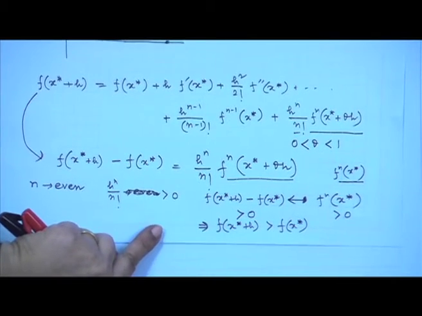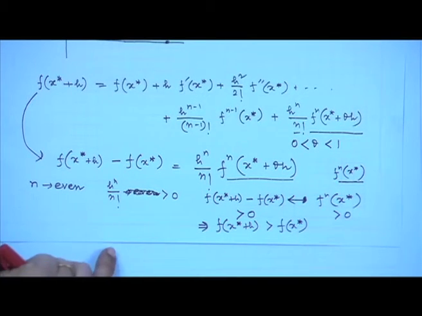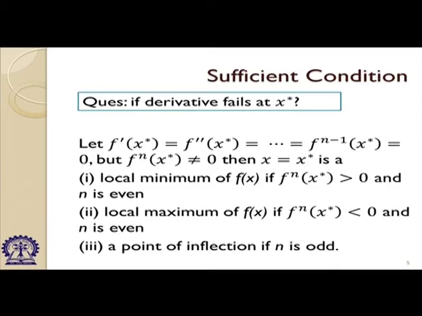That means we are having the minimum at x star, because at all other points other than x star we are getting a higher value of f. That is why, the first condition of the sufficient condition: we are having the local minimum of f(x) if n is even and f^n(x star) is greater than 0.